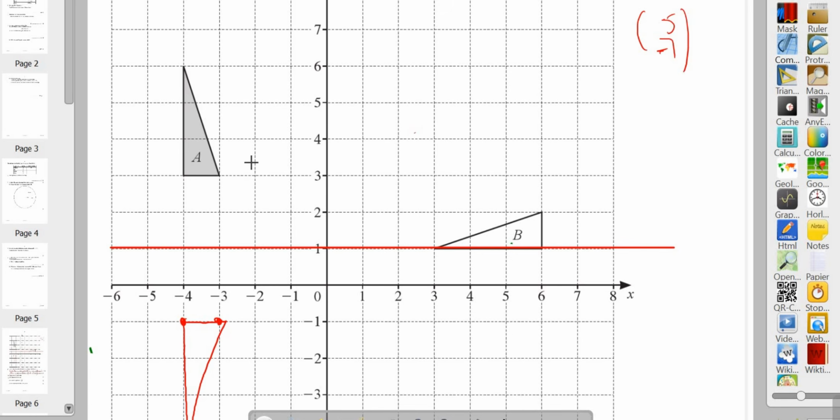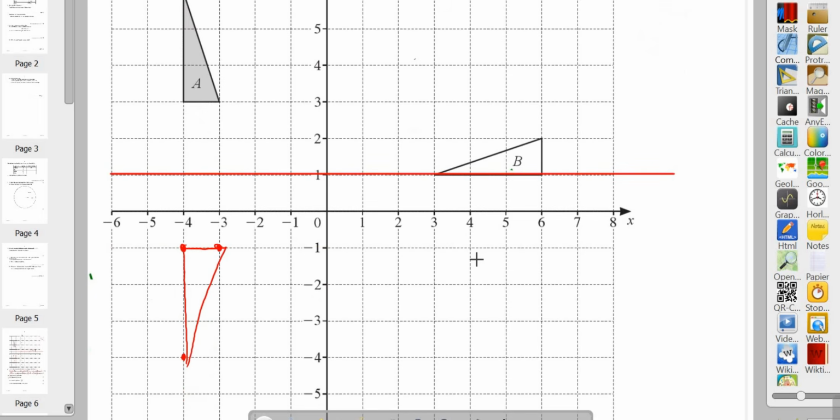So look, 1, 2, 3, 4, 5, then 1, 2, 3, 4, 5, 6 and 7. So I will go down over here.